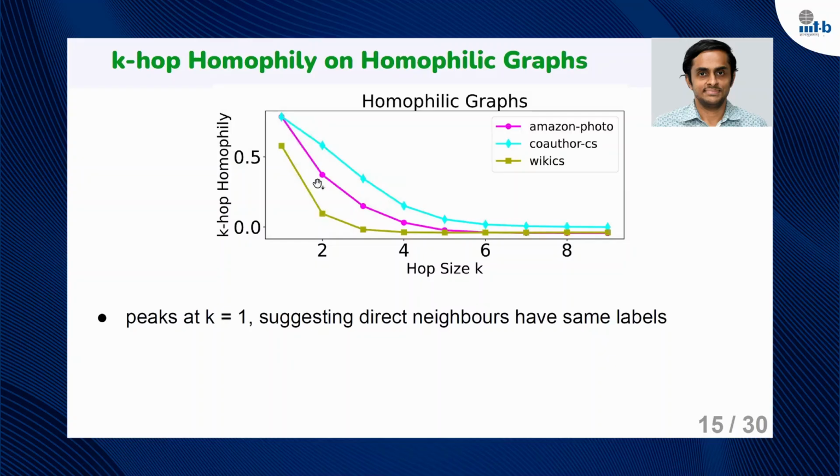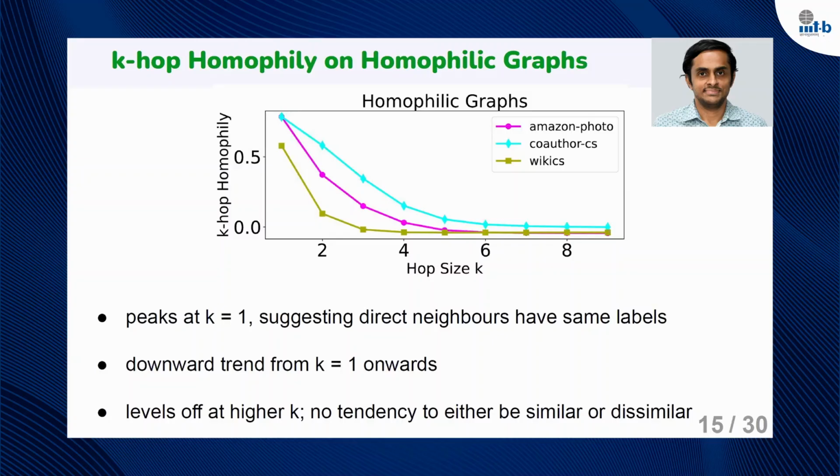All the one-hop neighbors are likely to share the same label, suggesting direct neighbors have the same labels. From k equals 1 there is a downward trend. Again, it levels off at higher k, revealing that there is no tendency for them to be either similar or dissimilar at higher values of k.